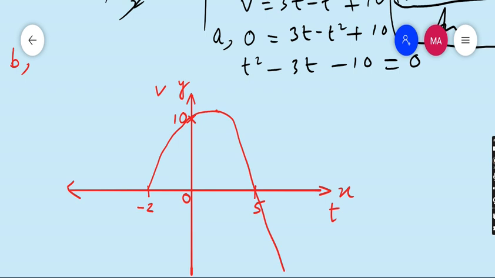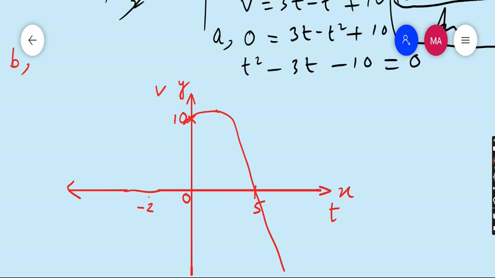But students, you must keep in mind, time can never be negative, so I draw this just for showing it, otherwise this is not necessary. So this is your graph. Your graph starts from 10 and then 5 and then moves to cross the 5. This is our graph of part B.